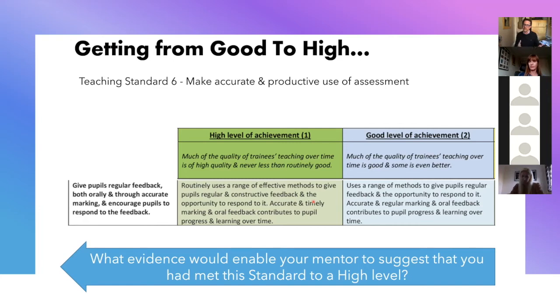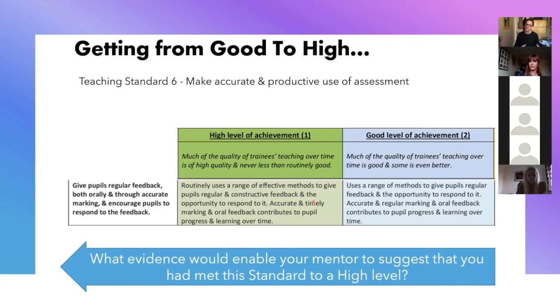And I think the other thing I'd remind you of here is talk to your subject mentor and just say, look, we're not collecting books in at the moment, so it's going to be a bit hard to do this, this, and this. So what do you think I could do in the lesson that will help illustrate that I've met that standard to a higher level than I currently am? And see what they suggest. They might say, well, given that we're not taking the books in, I can't count that against you.